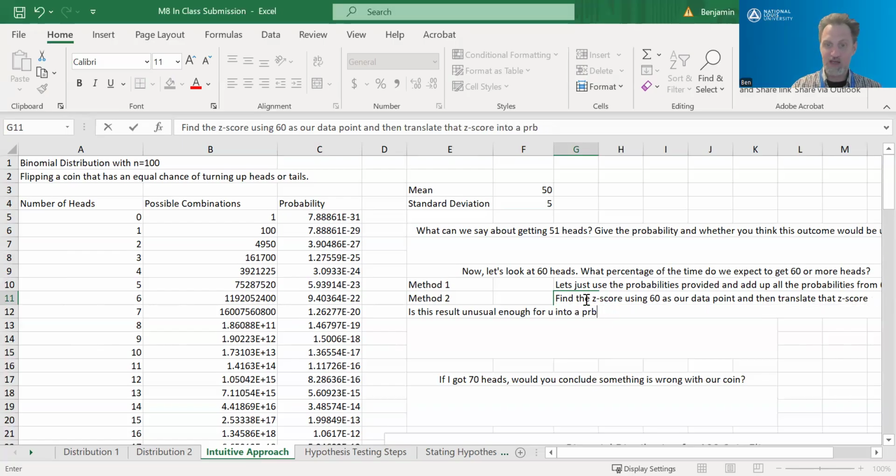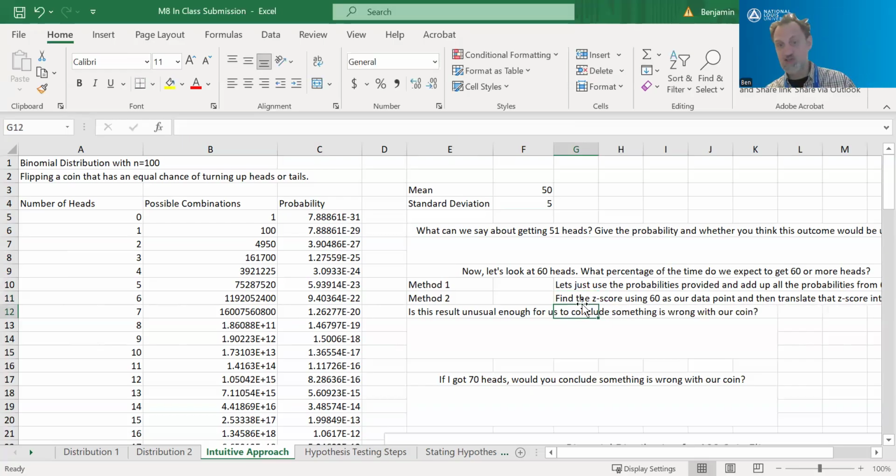Remember that back in M6, we showed that there was another way to do this where you don't have to go through the z-score, but given all the work we've done with z-scores, I think that's a relatively good approach. These answers are not going to be exactly the same, but they should be similar. I'm going to pause here and do it and then see what we come up with.